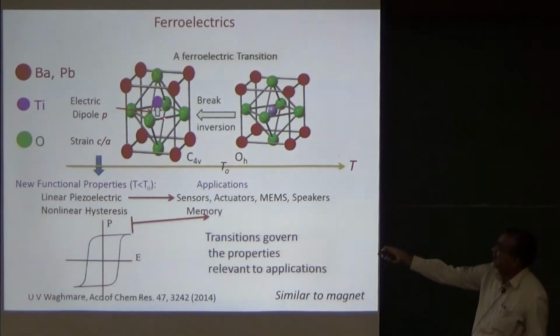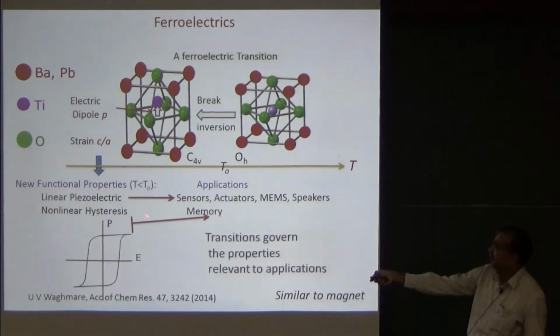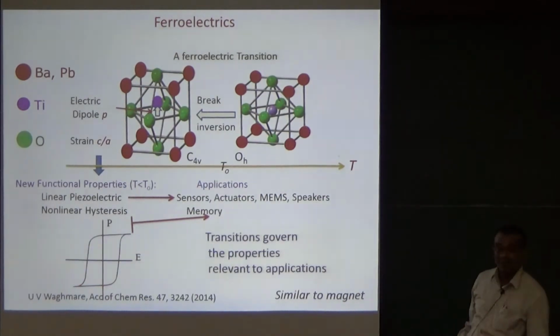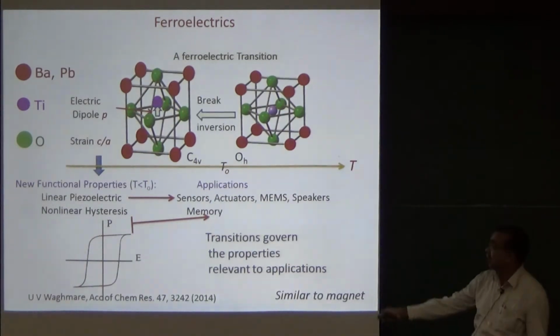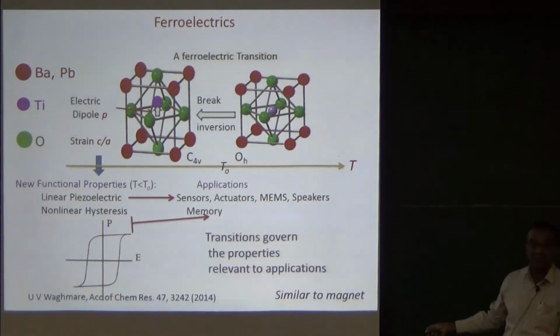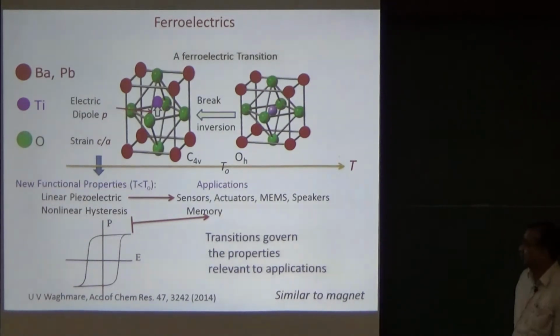Secondly, this off-centered titanium, you can flip to the opposite side by applying a negative electric field. As a result, you get a polarization-electric field hysteresis loop, which is a nonlinear property that can be useful in making computer memories, particularly non-volatile memories which retain memory even if you switch off the power.